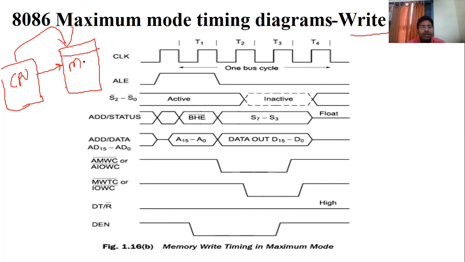For the T1 clock period, the microprocessor identifies the address, for suppose 001 again.